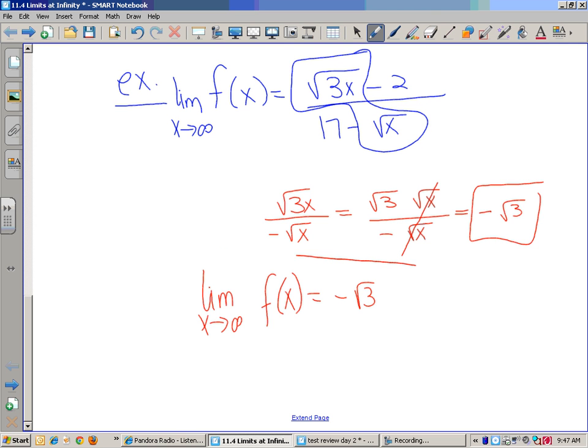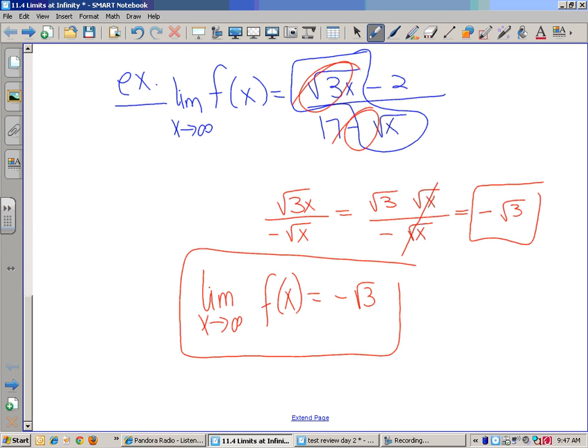I know it looks uglier, but that really is just the coefficient, square root of 3, divided by the coefficient, negative 1. Okay? So that's all you're going to do. You're just going to do that over and over and over again. The most important thing to remember is you're looking at the largest degree. The order in which it's written is irrelevant.